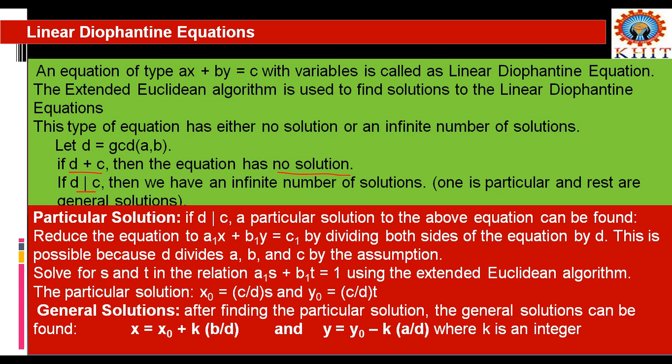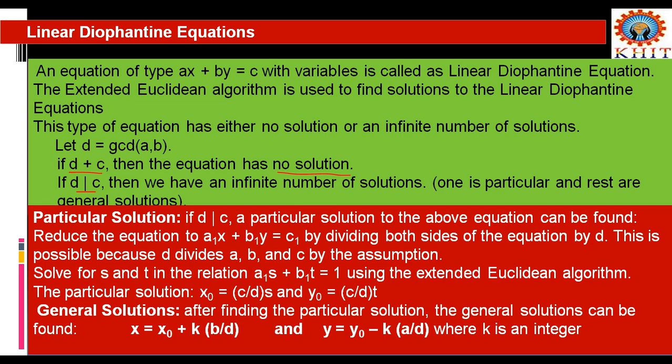So the first step of getting the particular solution is to calculate the d value, that is, find the GCD of a and b first. Then divide the given equation on both sides by the d value. This is possible because d divides a, b and c by the assumption.